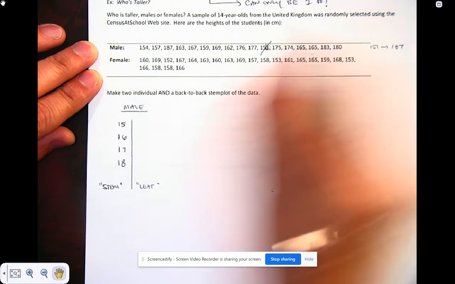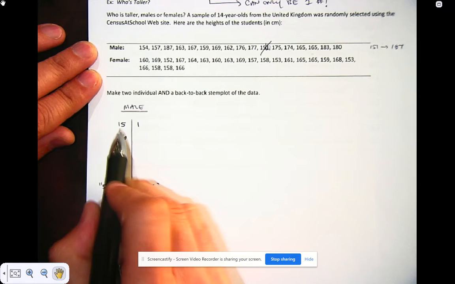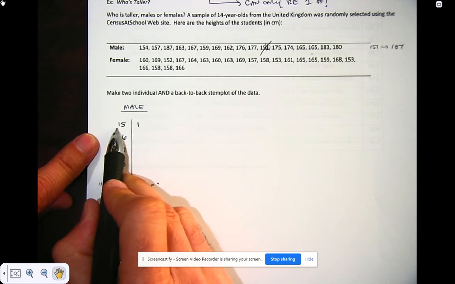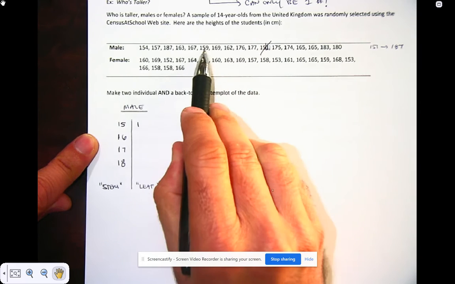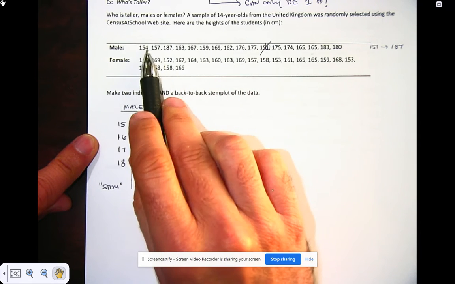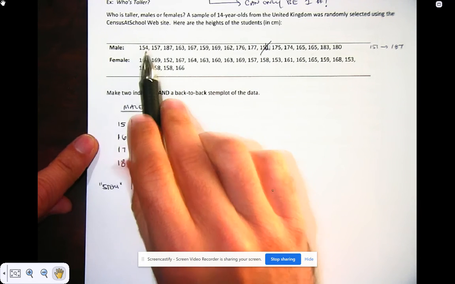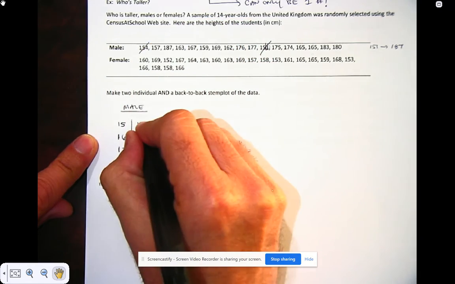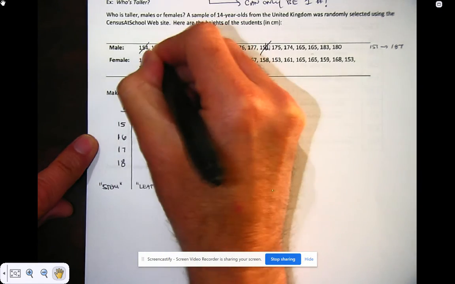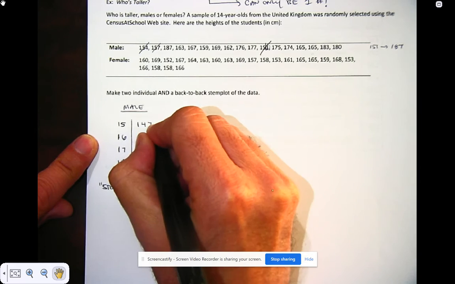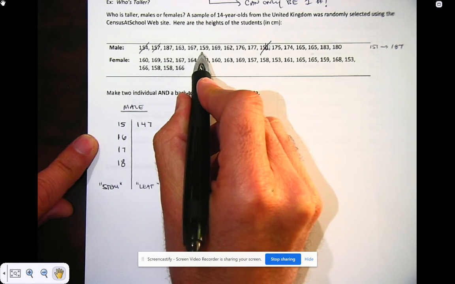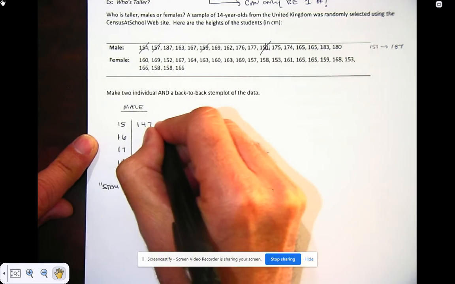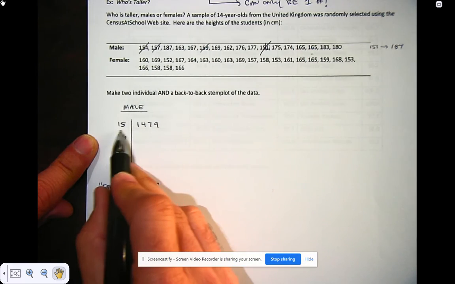So I put a little 1 there, and that is representative of the height, 151 centimeters. Then I keep going through all the 15s. There's a 9, there's a 7 and a 4. If I go in order, I would do 154 next, so I put a 4 next. And then 157, and then 159. And that would be the last one in our 150s.